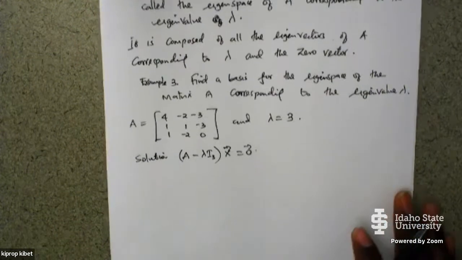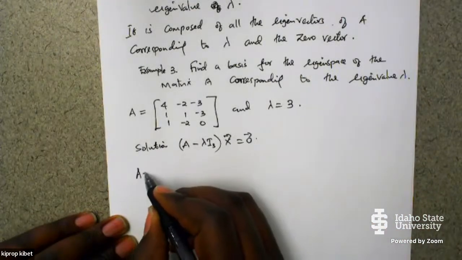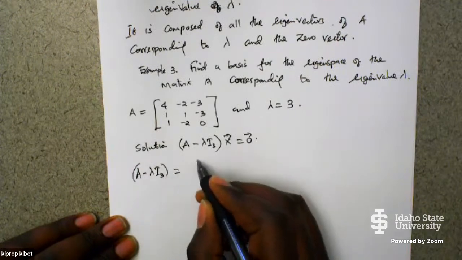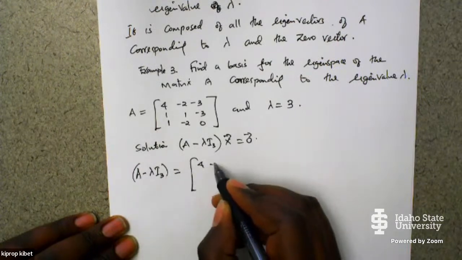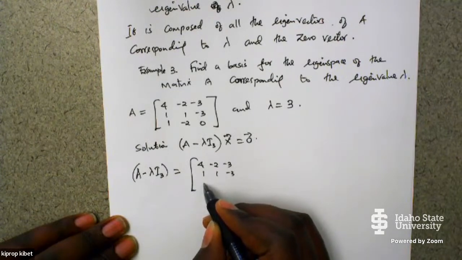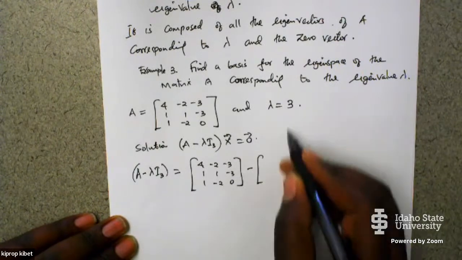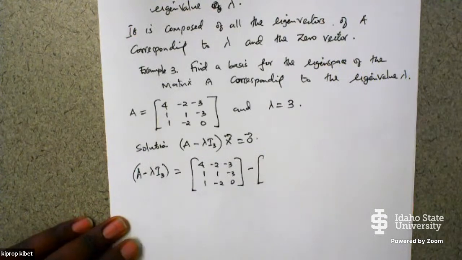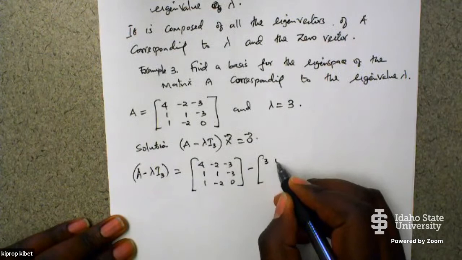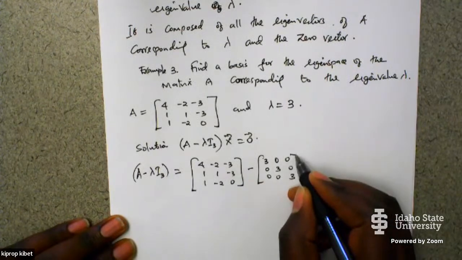Then our A minus lambda I3 is now equal to 4, minus 2, minus 3, 1, 1, minus 3, 1, minus 2, and 0, minus, since this is 3, we distribute it inside the identity: 3, 0, 0, 0, 3, 0, 0, 0, 3.